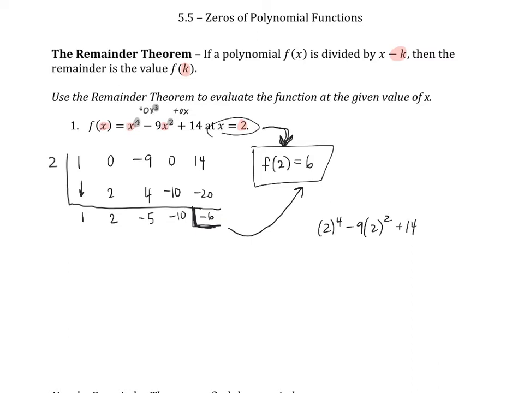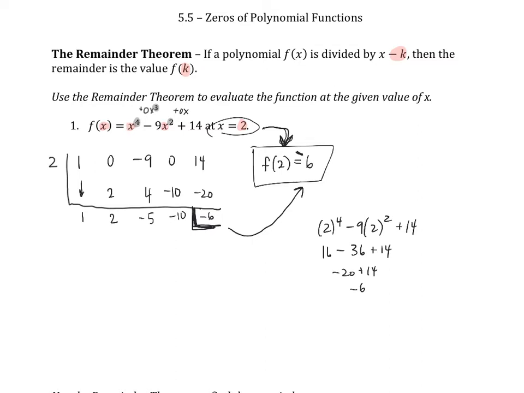So that would be 16 minus 36 plus 14. So that would be negative 20 plus 14, which is negative 6. Well, that's what we got. I just didn't write it down right. The remainder is negative 6, and I didn't bring the negative up.